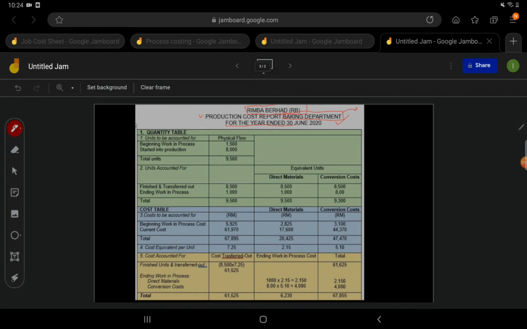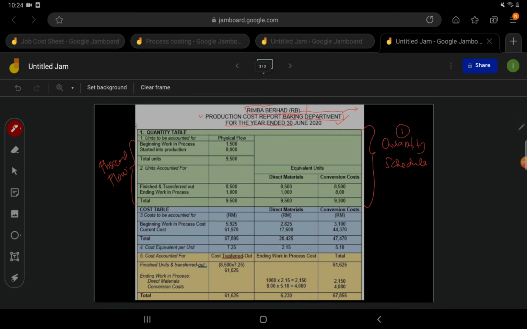Alright? Okay. The first section, do you still remember the first section? This one, we prepared the quantity schedule. Right? For the quantity schedule, first step, you compute what? The physical flow.